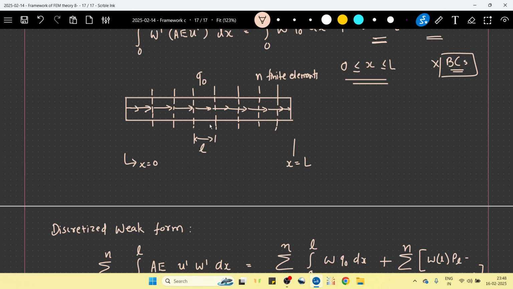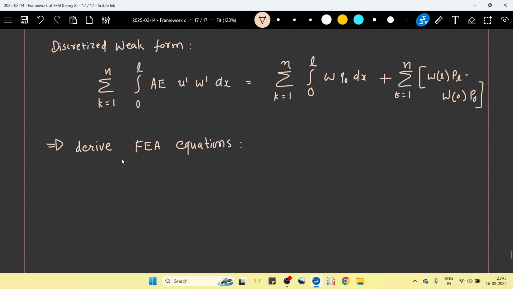Let's take this particular element and call it the kth finite element. And as you know, each element can be considered as a free body. So I'll take one particular element, the small length element, the kth element here, and I will write it as a free body.